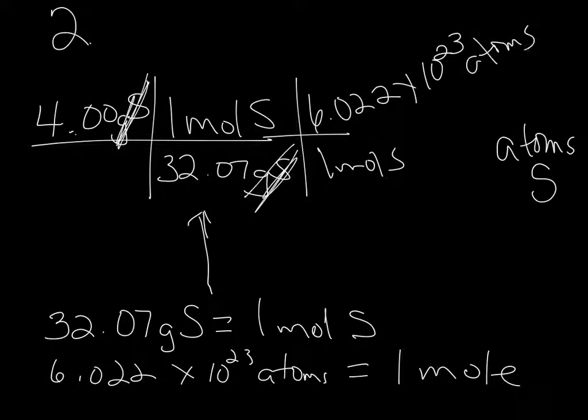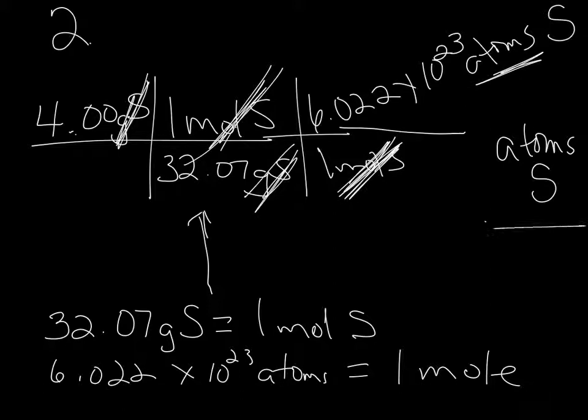Sorry I have to go up. It's just I can't write small enough and I don't have a big enough piece of screen to do it. So top units cancel out bottom units, so moles of sulfur cancel out moles of sulfur. I'm left with atoms of sulfur, and that's what I'm looking for. This is what I need to find. So that should do her.